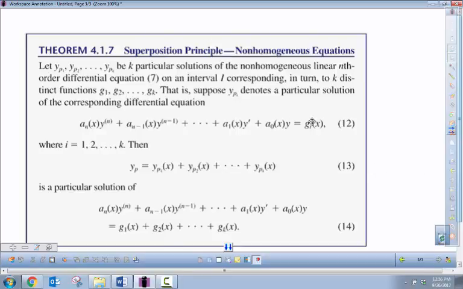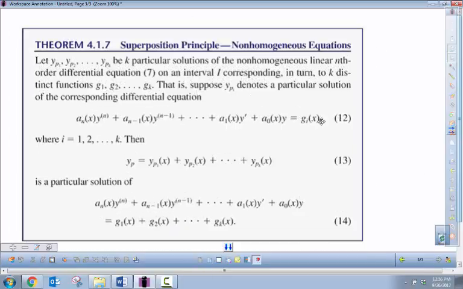So what they're saying here, another superposition principle, is that if you have a sum or difference of terms in the non-homogeneous part, then you can just find solutions for each one of those terms and then add it together for your particular solution.